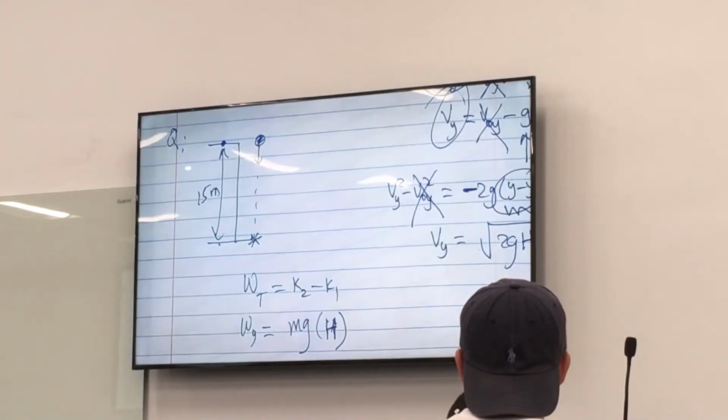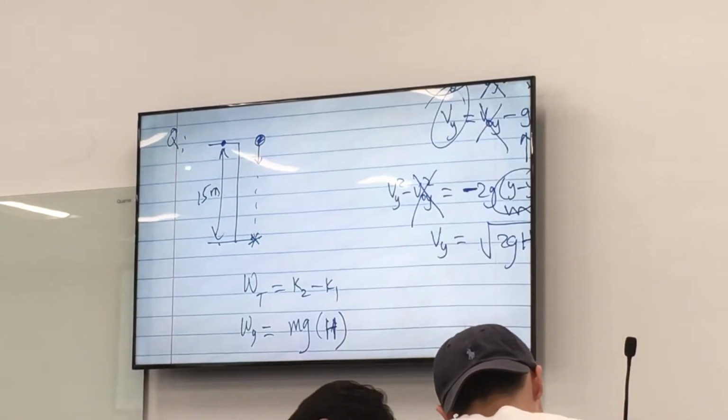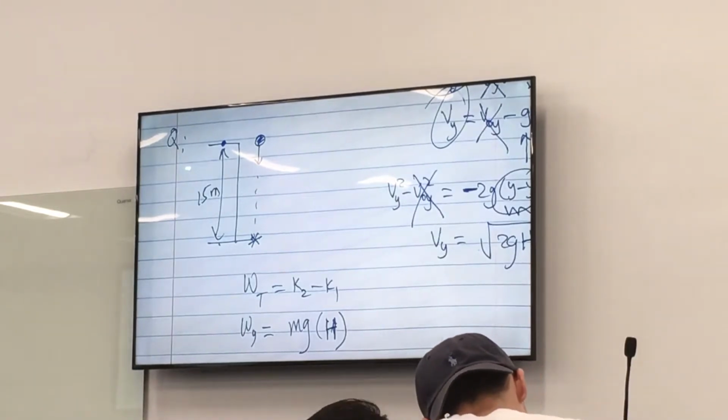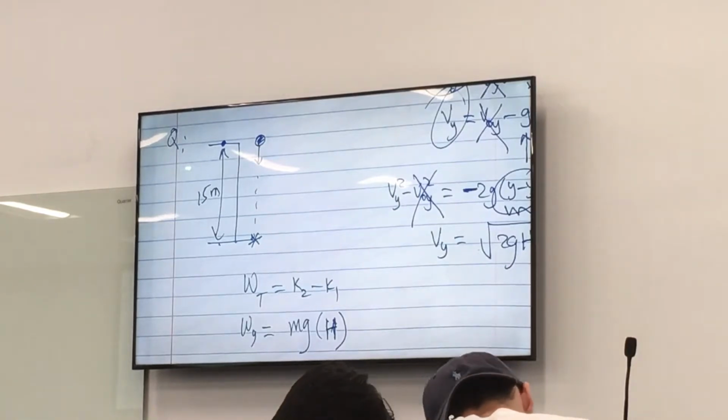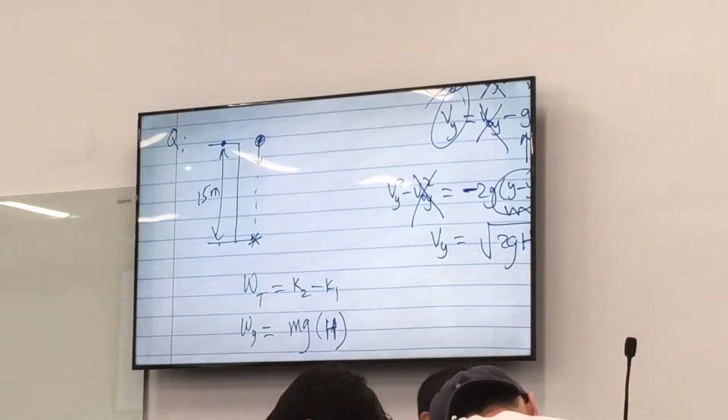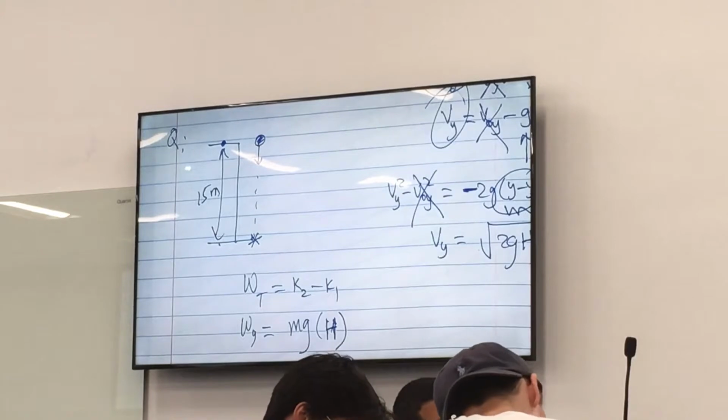If you pick up a book, the work done by gravity is negative because gravity applies a downward force, but the displacement is upward. The work done by you is positive because you apply the force upward, and the displacement is also upward. It's that simple. Same direction, positive; opposite direction, negative, because that's 180 degrees. So that's mgh, the total work.